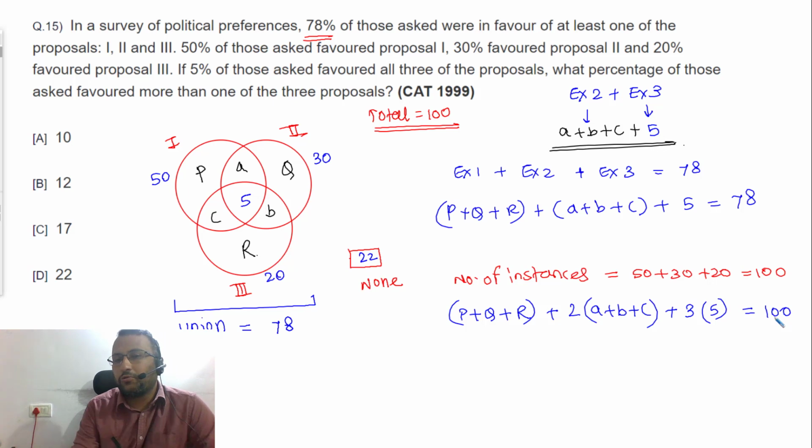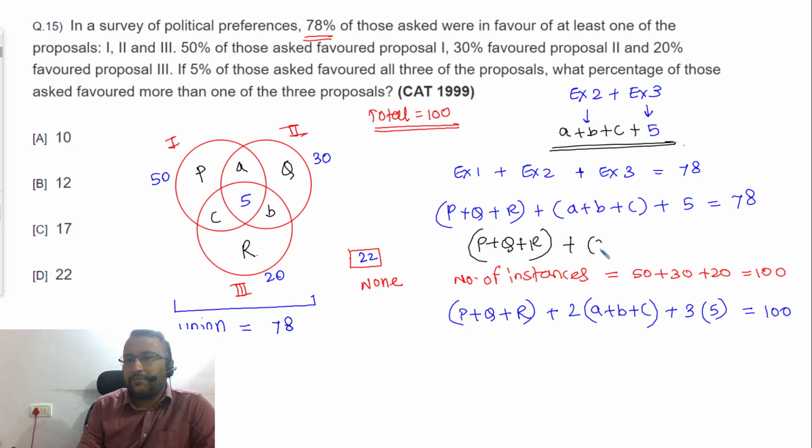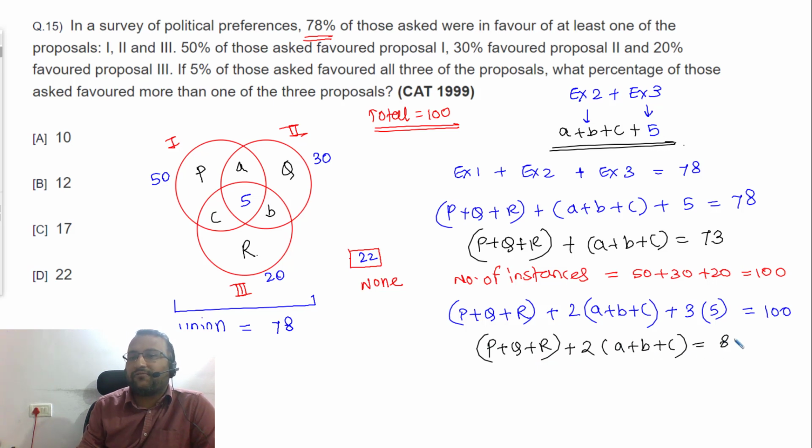So now what you need to do is solve these two equations, and you will get the value of A plus B plus C easily. The first equation is P plus Q plus R plus A plus B plus C is equal to 73. And the second equation is P plus Q plus R plus 2 times A plus B plus C is equal to 85.